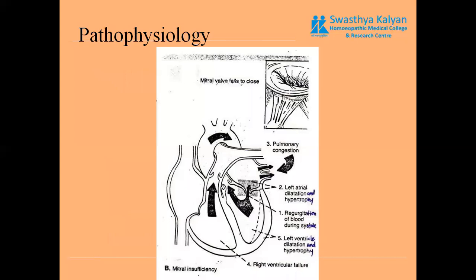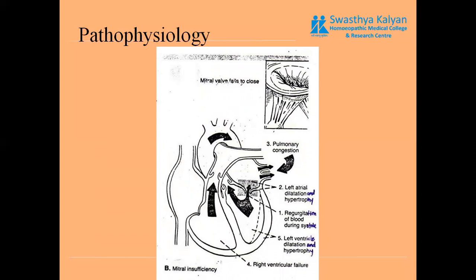Now let us understand its pathophysiology. As you can see, during the systole of the left ventricle, there is a regurgitation of blood to the left atrium. This extra amount of blood stays as a preload when the diastole of the left atrium starts, which will cause left atrial dilatation and hypertrophy because the extra amount of blood needs to be pumped to the left ventricle.